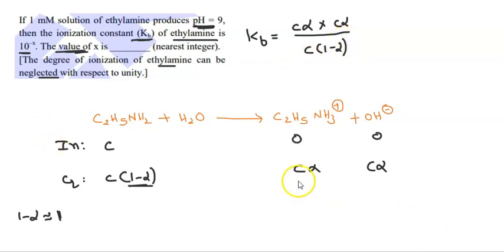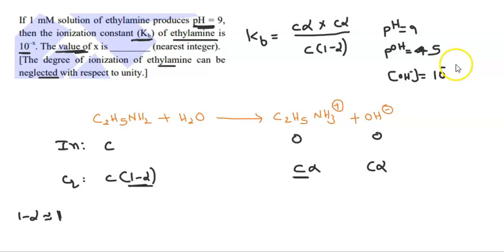What is the value of this particular C alpha? It is already given that pH is equal to 9. At 25 degrees centigrade, pOH is not 4, it will be equal to 5, because pH plus pOH is equal to 14 at 25 degrees centigrade. Then OH- concentration is equal to 10 to the power of minus 5.